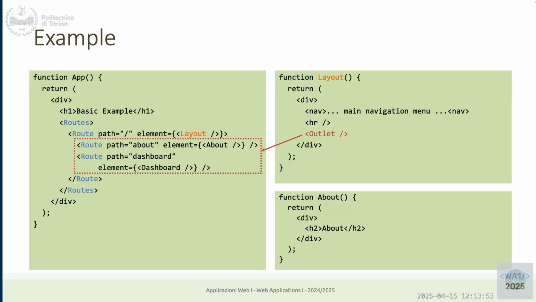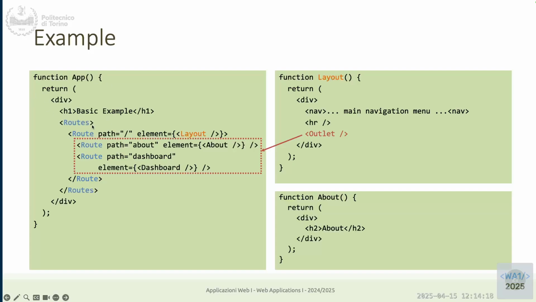Let's make an example because it's easier. We have an example here of nested routes. Route, path equal to slash, and then subpath will be about or dashboard. So what this does is to match three different paths if we concatenate the nesting.